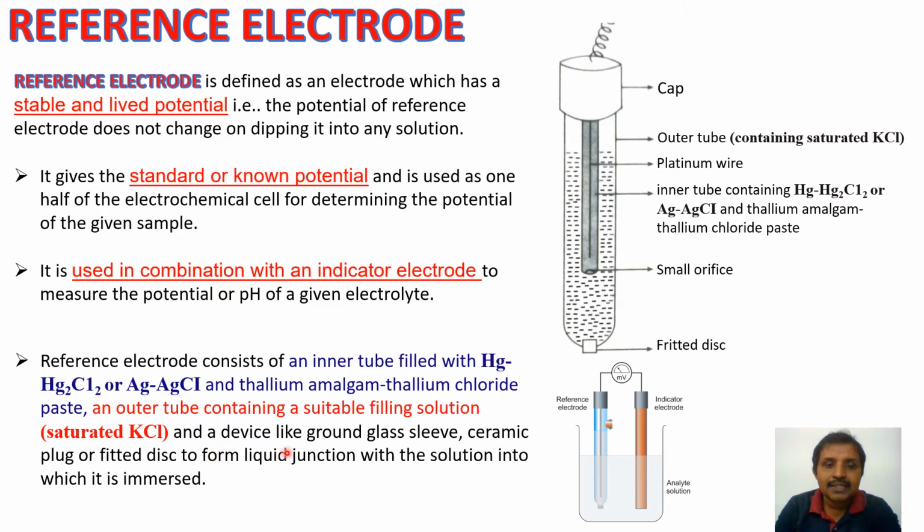The device is made up of a glass body, sleeve, ceramic plug and fritted disc to form a liquid junction with the solution into which it is immersed. That is, here it is maintaining a liquid junction where the two solutions come in contact.